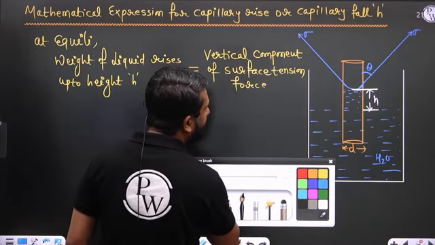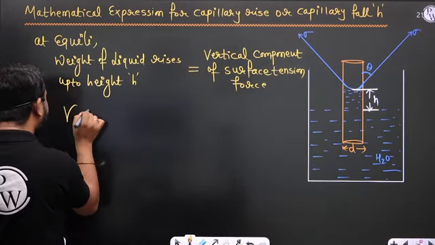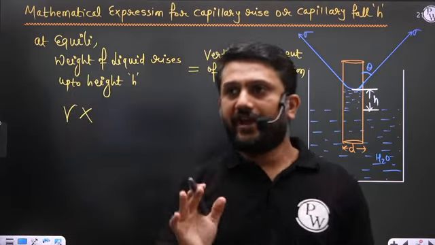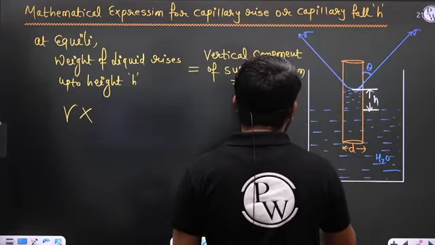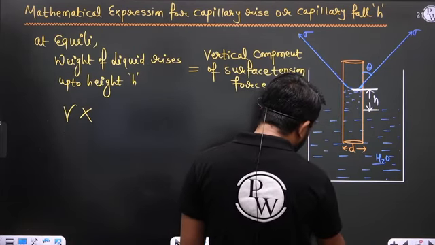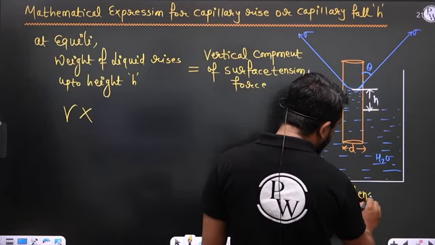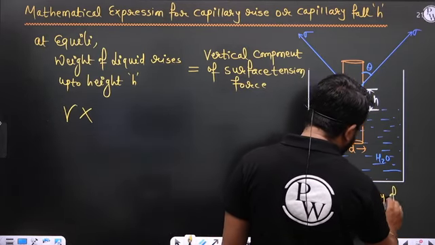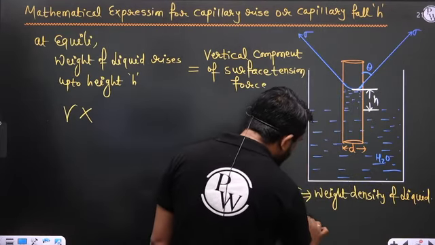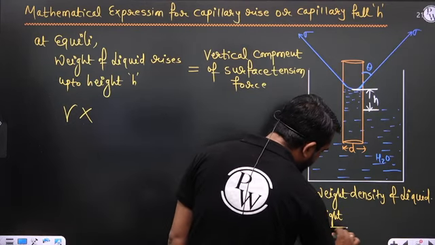So what is the weight? For calculation of the weight, it is the weight density multiplied by volume. Let us consider gamma is the weight density of the liquid, which is weight per unit volume.